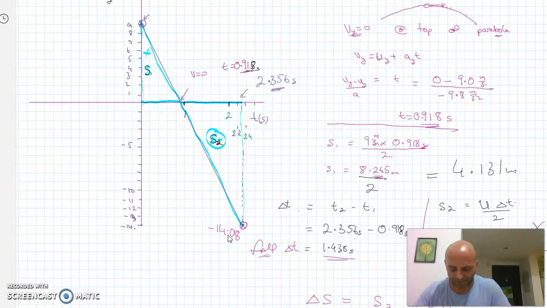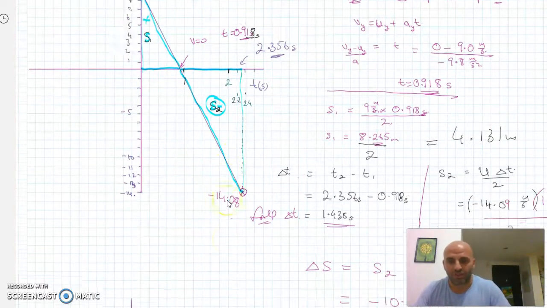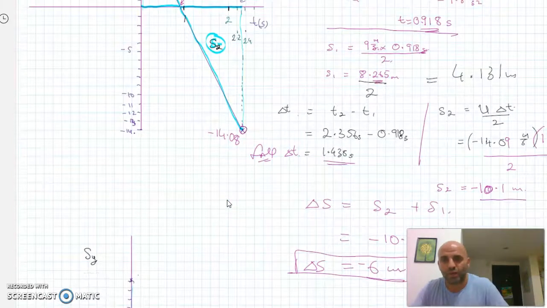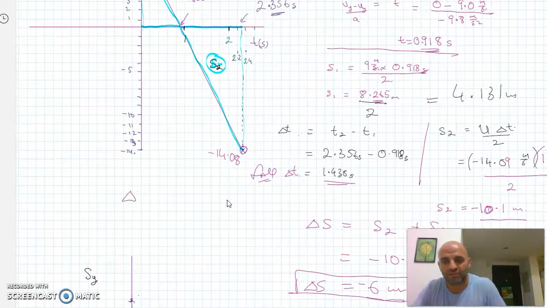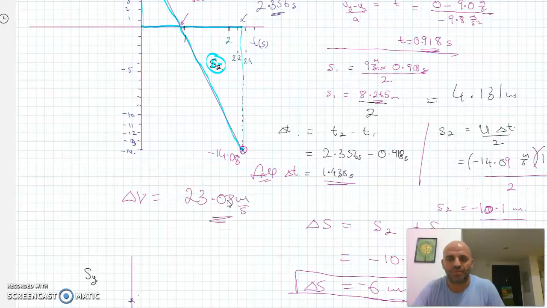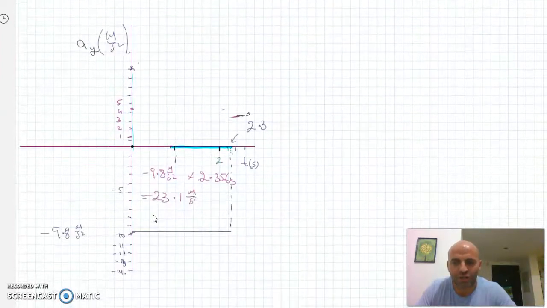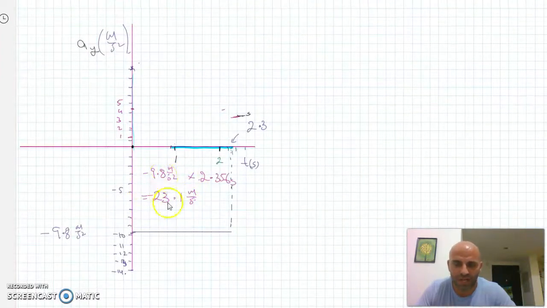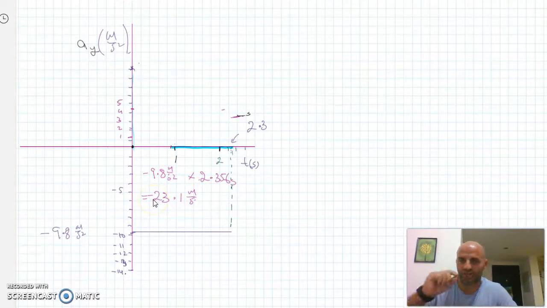So the final, negative 14.08, minus the initial, which is 9, you will wind up with exactly what we got there, which is negative 23.08. So your total change in velocity works out to be 23.08 meters per second. So that little piece of information, that little nugget, is disguised under the area between the acceleration graph and the time axis.